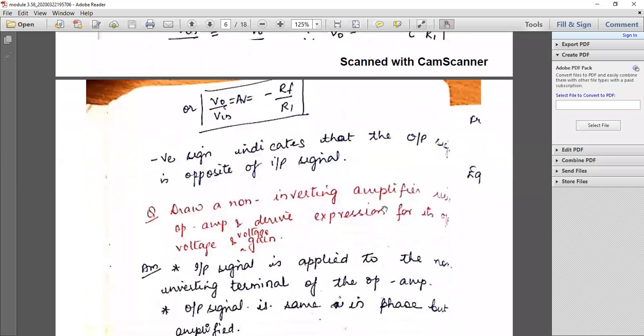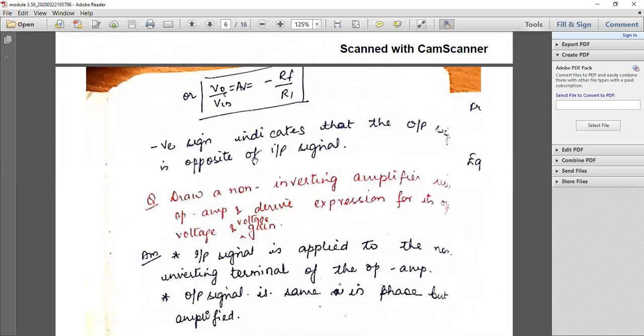If we want the voltage gain, that is output voltage by input voltage, it is the closed loop gain. Why do we call this closed loop? Because we are considering a feedback path with the resistance RF. So equating 1 and 2, we obtained V naught equal to minus RF by R1 into Vin, or the closed loop gain V naught by Vin equal to minus RF by R1.